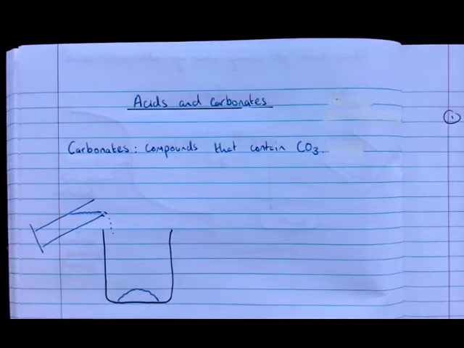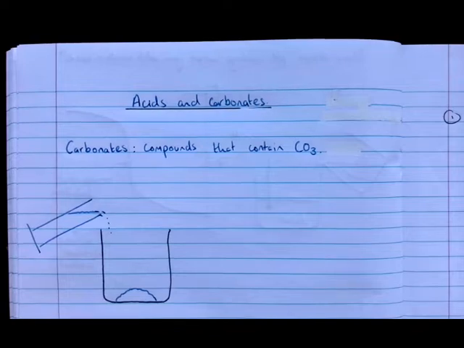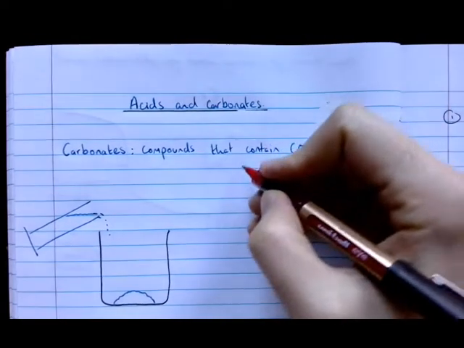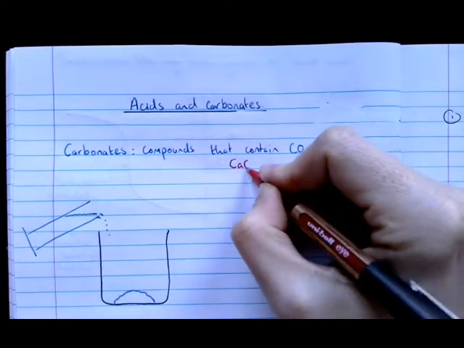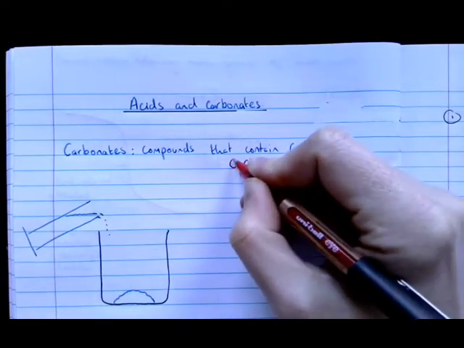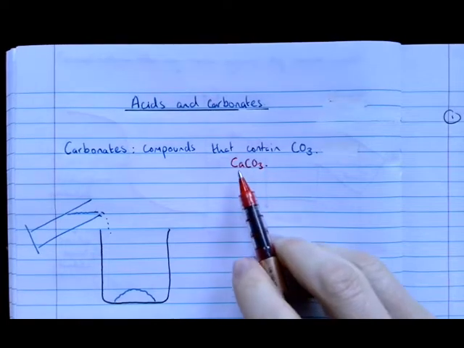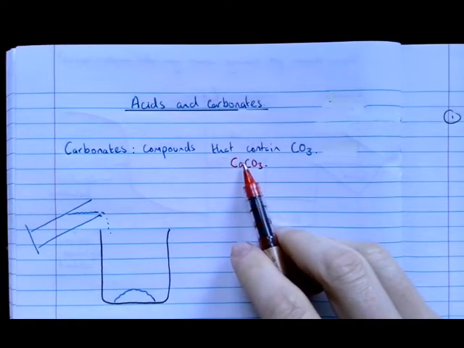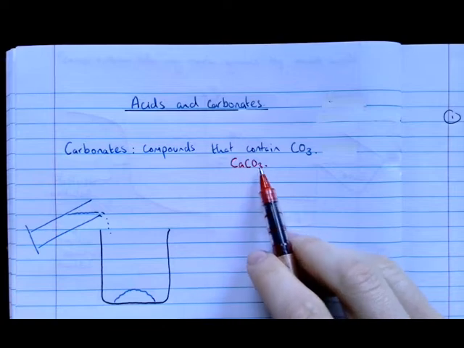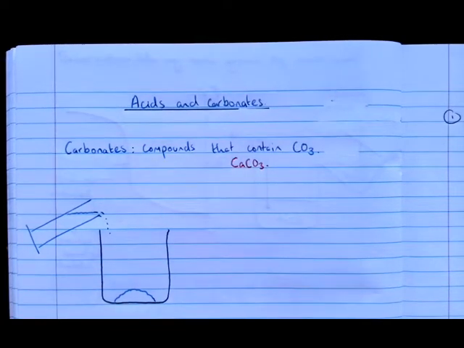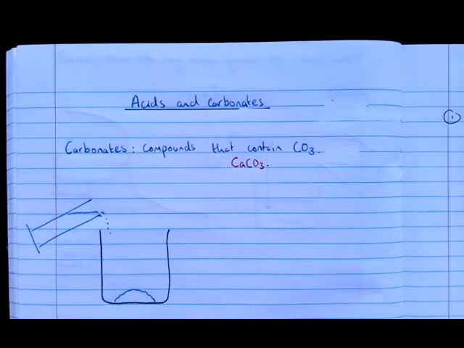So, some examples of carbonates would be CaCO3. Okay, so Ca, that's our metal, that's calcium, and I've got one of those, and then I've got one carbon and three oxygens. Now the way we name these is the same way as we named everything before.